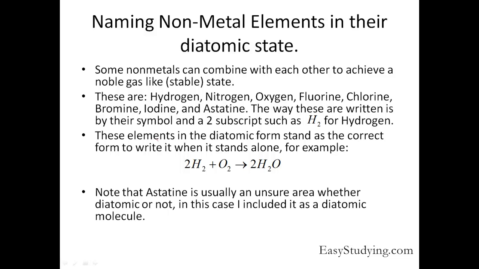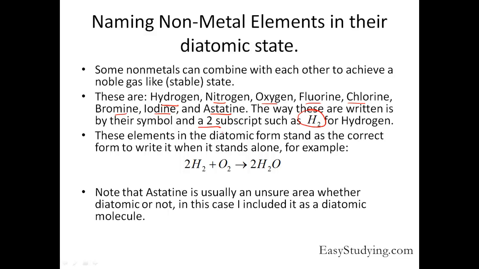The elements that form these diatomic states are hydrogen, nitrogen, oxygen, fluorine, chlorine, bromine, iodine, and astatine. They are written with their elemental symbol and a number 2 subscript, such as H2 for hydrogen.